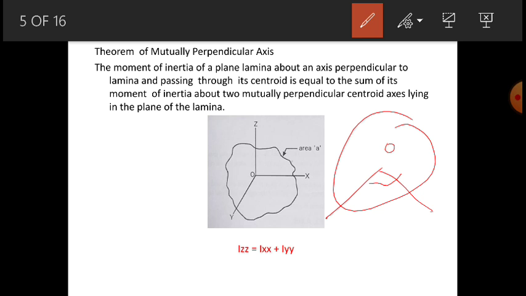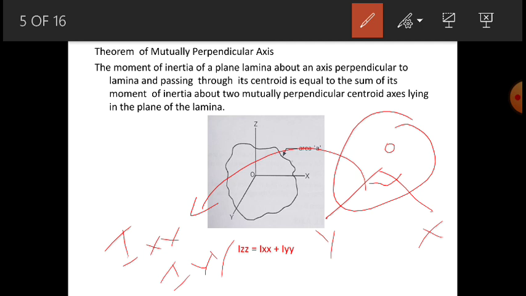Then their moments of inertia, Ixx and Iyy, summed give you the moment of inertia about the axis perpendicular to the plane as well as to the other two axes, which is called Izz.